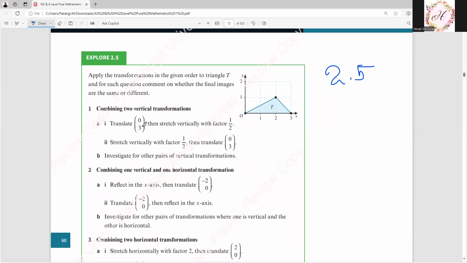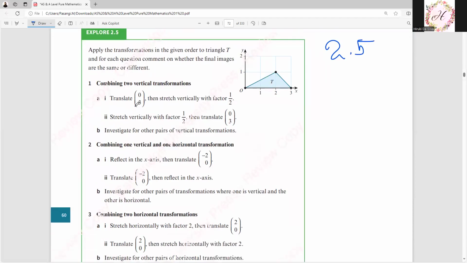This is the original one. The first one is translate (0, 3), then stretch vertically with factor half. Tell me, if we translate with (0, 3), what will happen? The y coordinates will move up by 3 units. Yes. Then if we stretch vertically with factor half, what will happen?